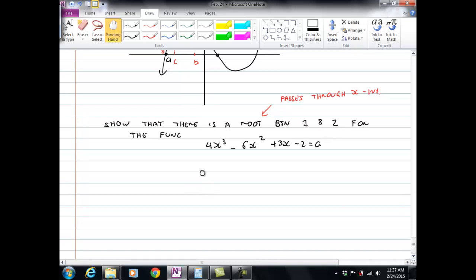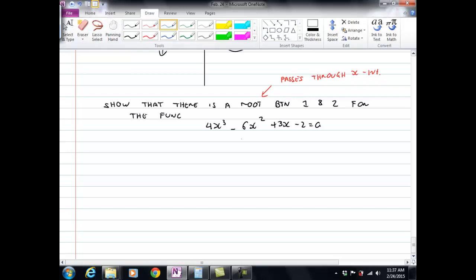Well, first of all, we have to figure out, is this function continuous? And the answer is yes, because it's a polynomial, so your domain is everywhere. Yes, because the domain is all reals.